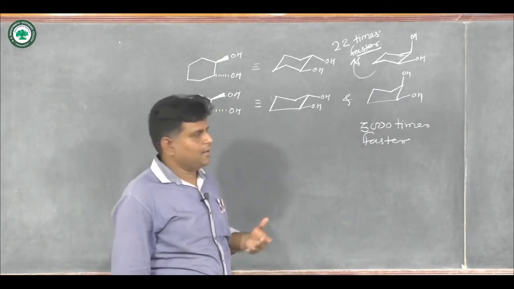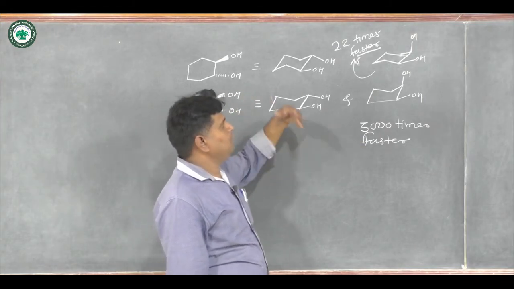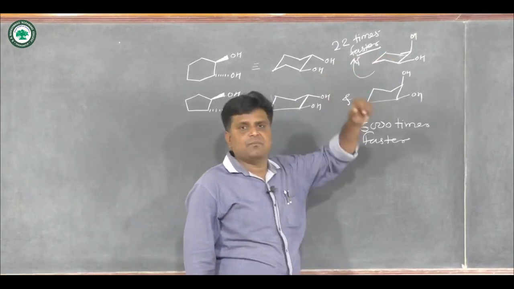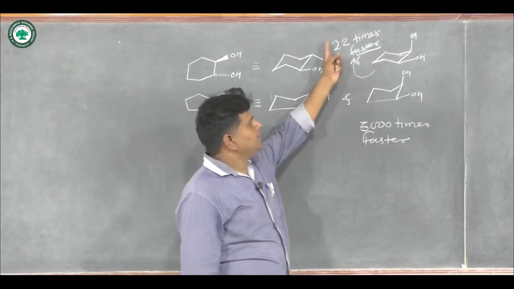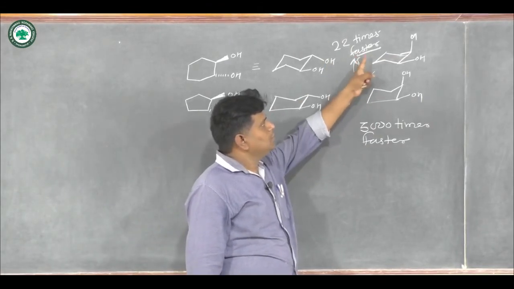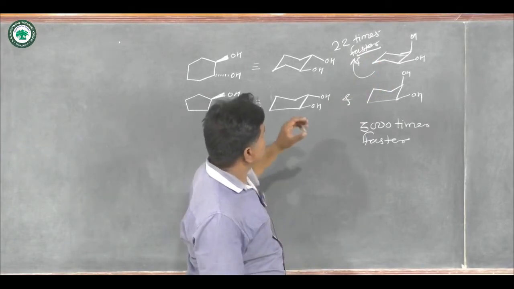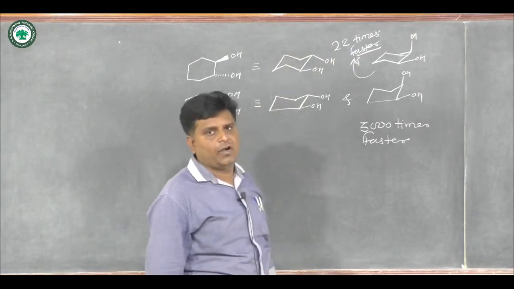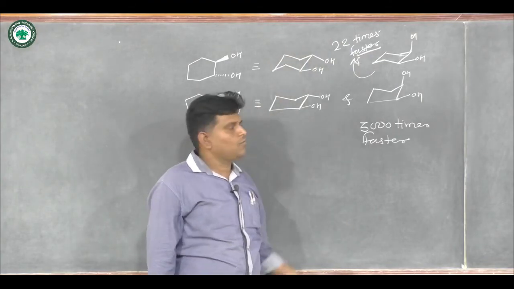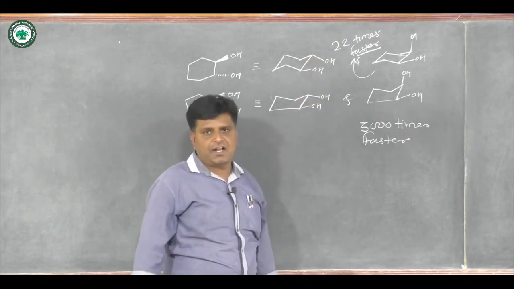It is greater than when we compare with the six-membered ring having 1,2-diol, the cis isomer of cyclohexane 1,2-diol, which gives only 22 times faster than its corresponding trans isomer. So why is this difference less and why is this difference large?